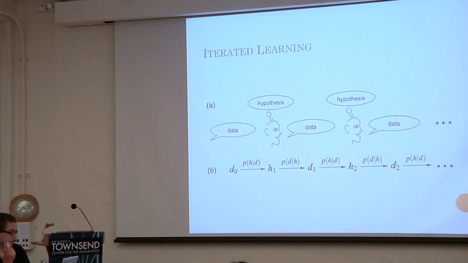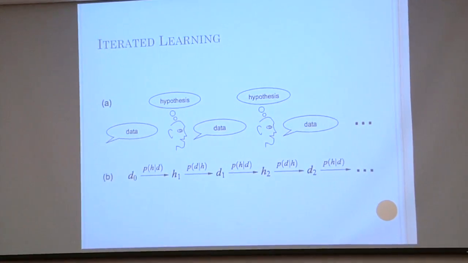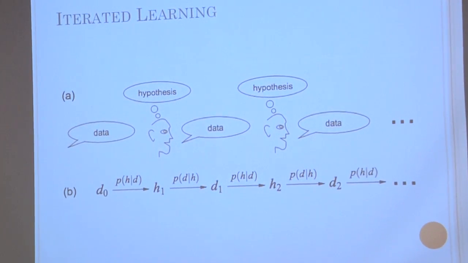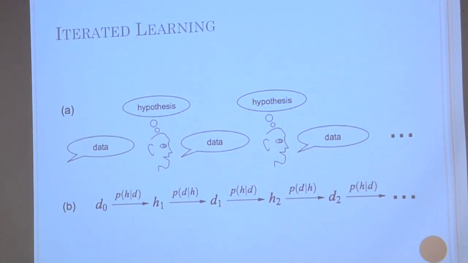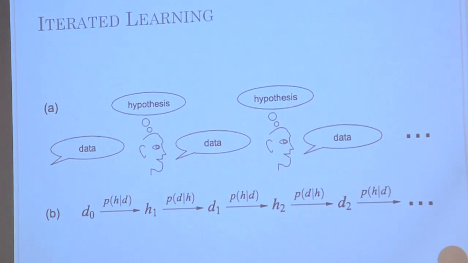Somebody says a sentence to you, and then you might not have heard all of it. Maybe they were whispering, maybe they were intentionally trying to mess you up. And then you create a hypothesis. What was that sentence actually? And then you say new data. You say the sentence to the next person. And so that data is dependent on what you actually thought the sentence was, not what the sentence really was, because you didn't hear the whole thing.